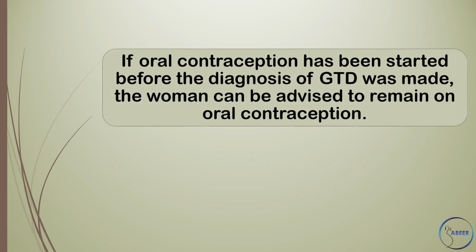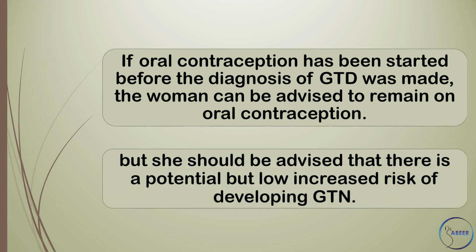If oral contraception has been started before the diagnosis of gestational trophoblastic disease was made, the woman can be advised to remain on oral contraception, but she should be advised that there is a potential but low increased risk of developing gestational trophoblastic neoplasia.